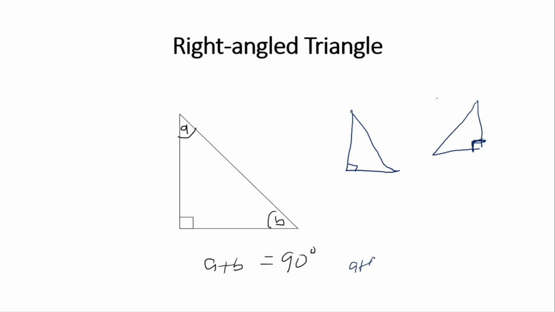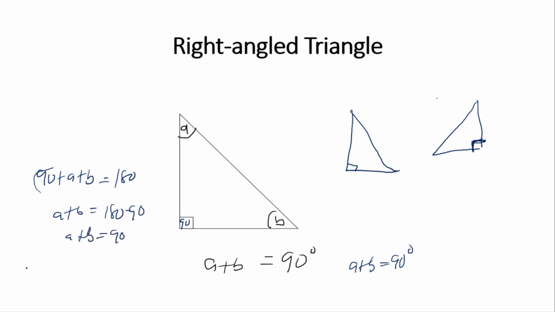So A plus B equals 90 degrees. Why? We know that the sum of interior angles of a normal triangle is 180 degrees. So if you have 90 here, you have 90 plus A plus B equals what? 180. Now we subtract 90 from 180. We have A plus B equals 180 minus 90. A plus B equals 90. So anytime you have something like this, don't even bother to write this equation. Straight away, you know that the remaining two interior angles will sum up to 90 degrees.